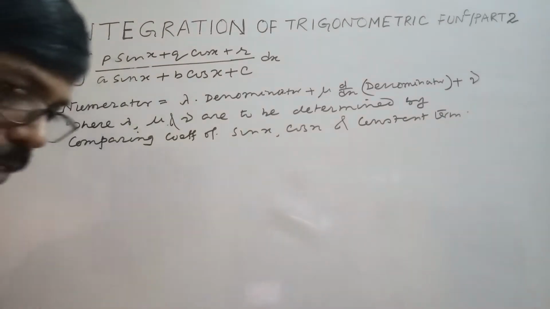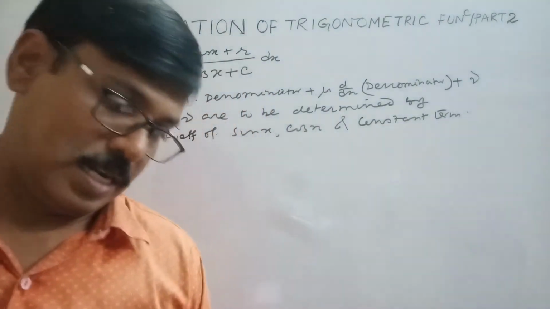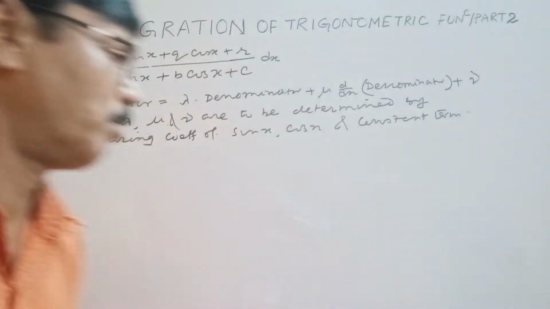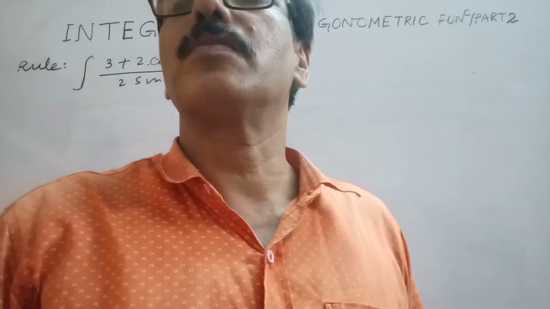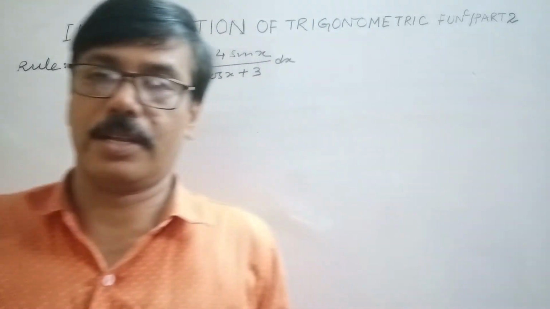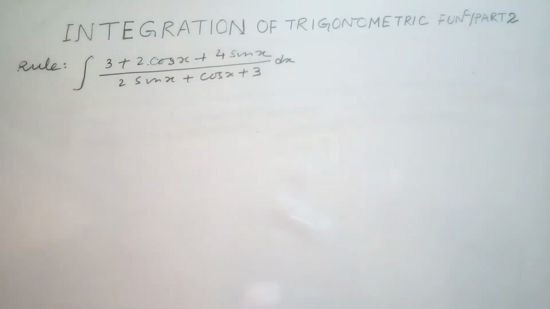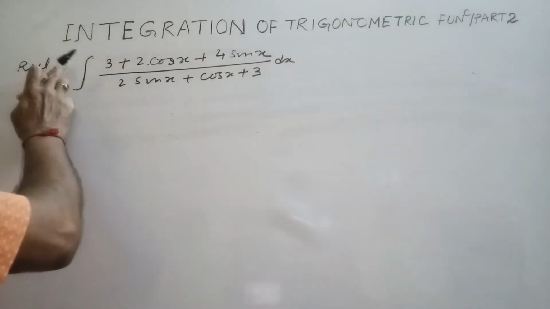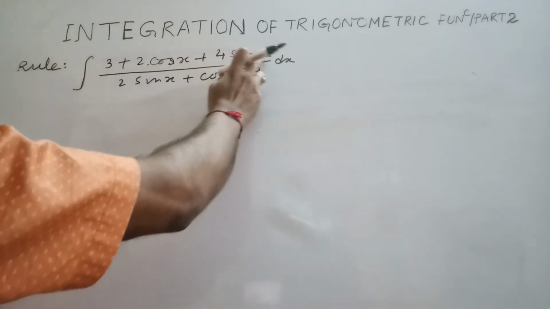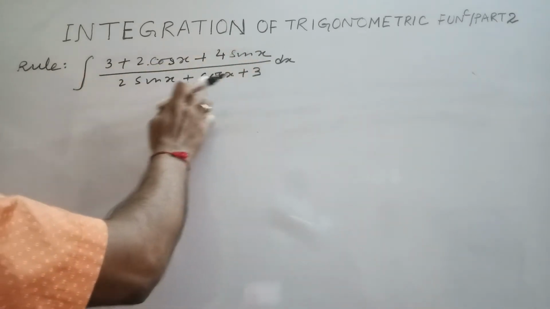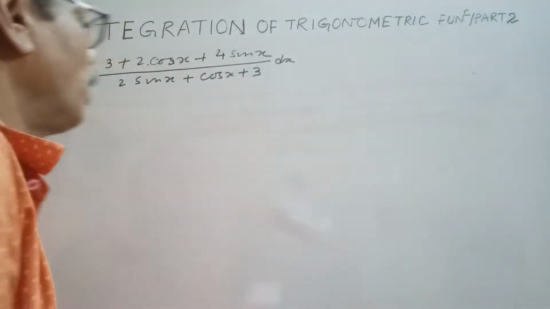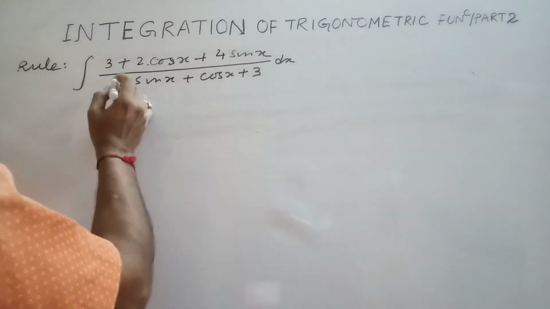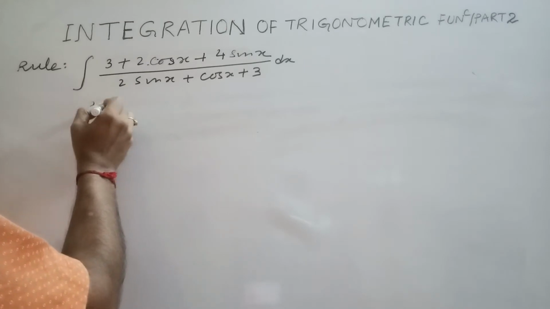So, let us take a practical problem: (3 plus 2 cos x plus 4 sin x) by (2 sin x plus cos x plus 3). So, what is your rule? Numerator equals, what is the numerator?